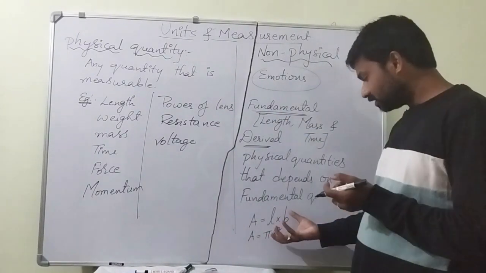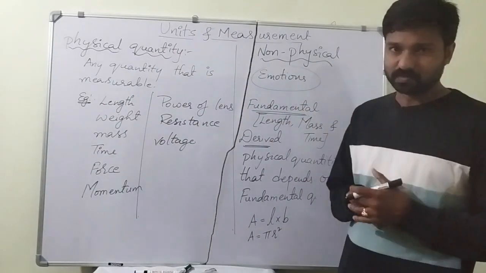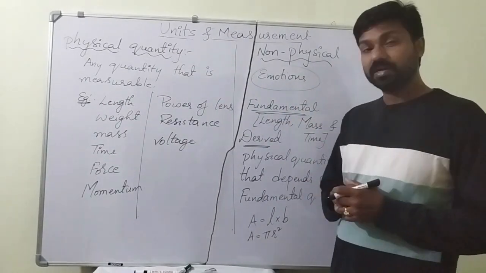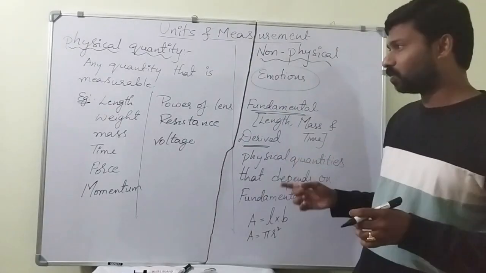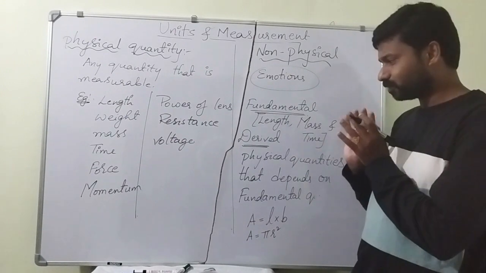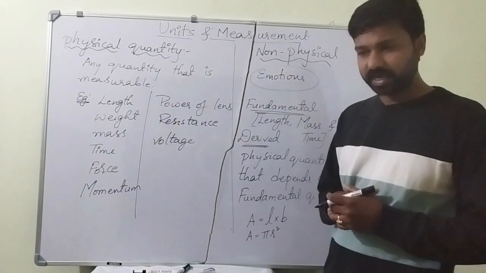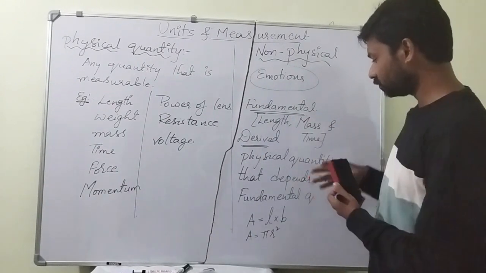So there are a few quantities which are actually dependent on fundamental quantities. Those we call derived physical quantities. What are the examples of derived physical quantities? I'll be giving them. If you want to take down anything, just pause the video and take down the points here. Right, I'm erasing this.